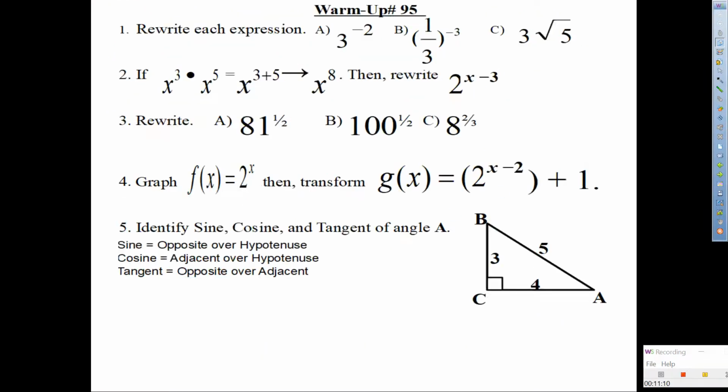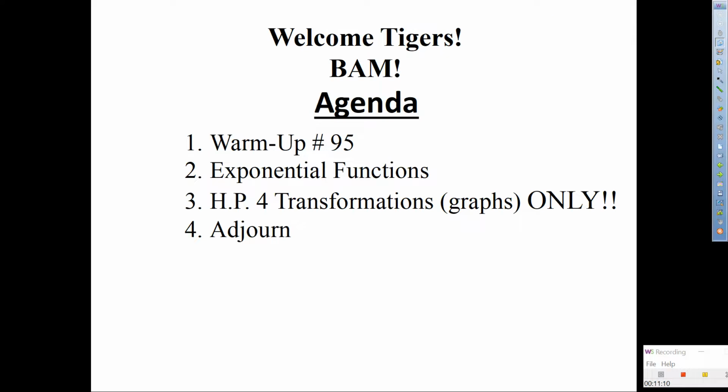Agenda. Like I said before, the concepts are going to start coming a little bit faster now, so hold on to your horses, yes? Warm-up number 95. We are finishing up exponential functions, but you already took copious notes on this, so you should have all that already. But today I'm just going to revisit.